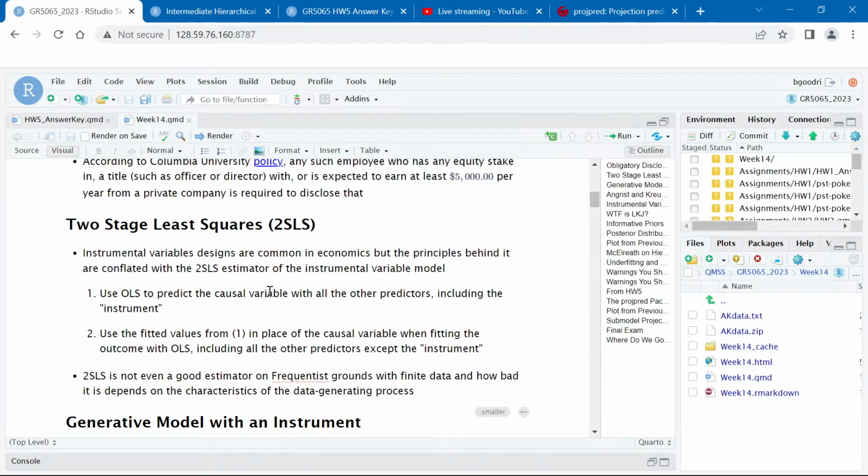Two stage least squares is an estimator of an instrumental variables model that is extremely common in economics. It's arguably the main quantitative estimation technique that essentially originated or at least was popularized in the social sciences and has come to be used elsewhere outside the social sciences.